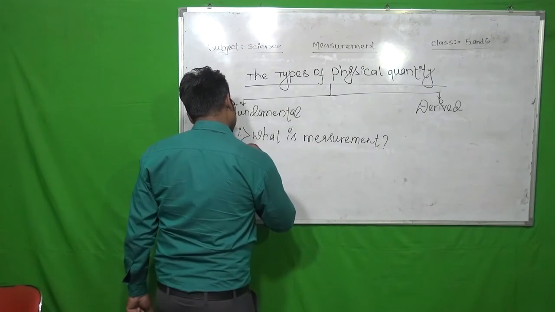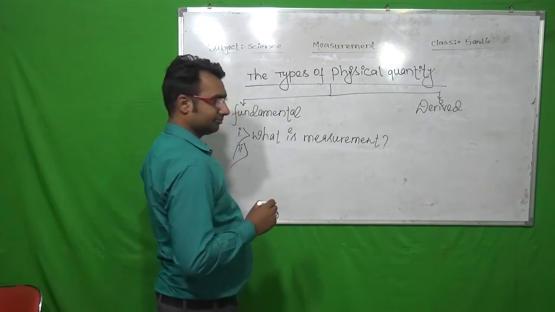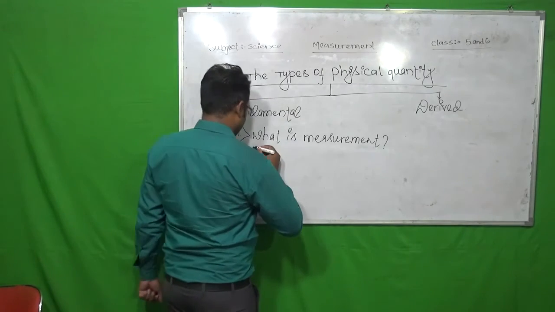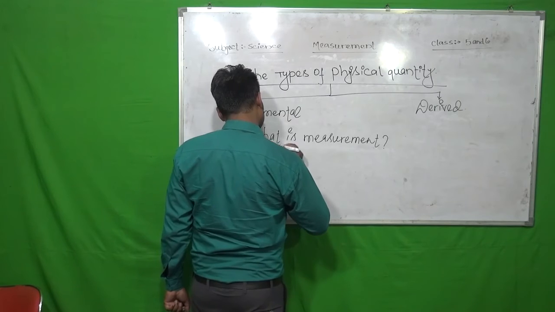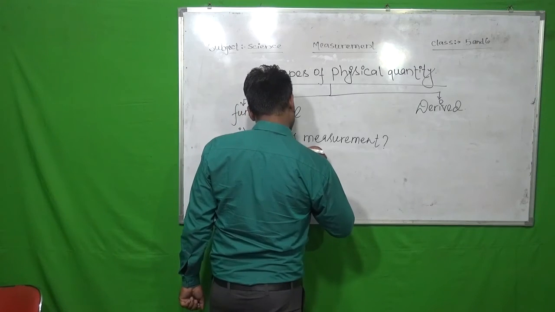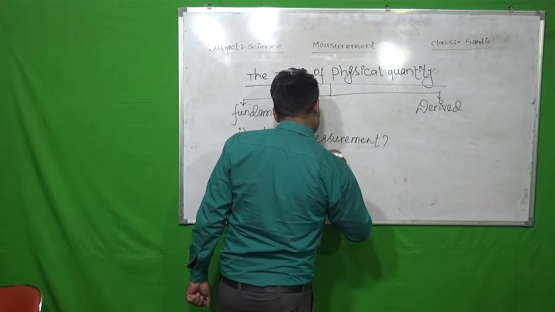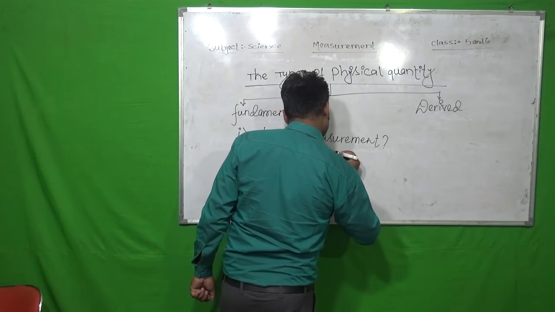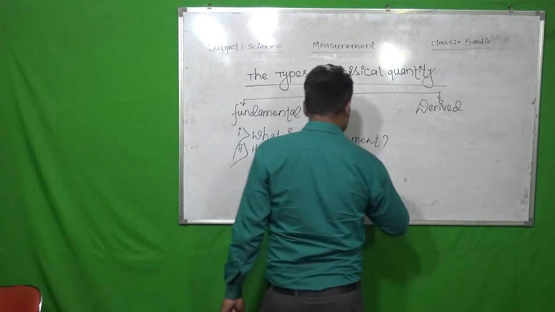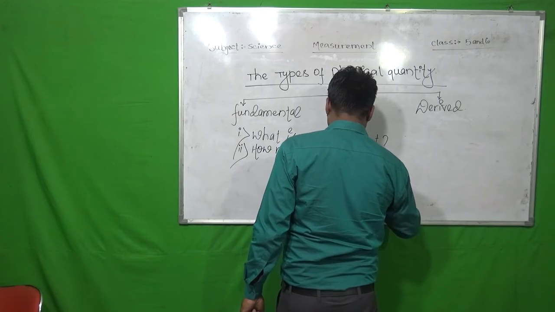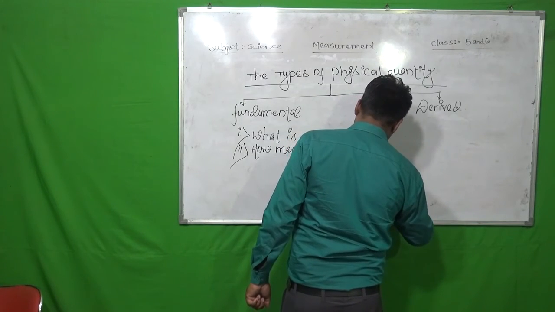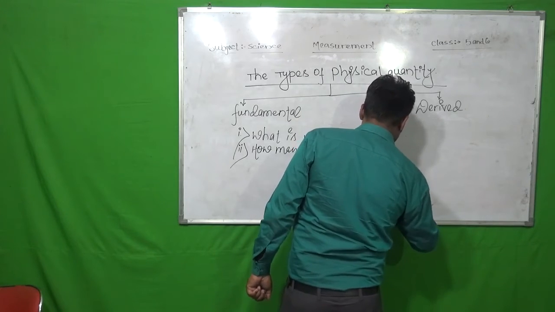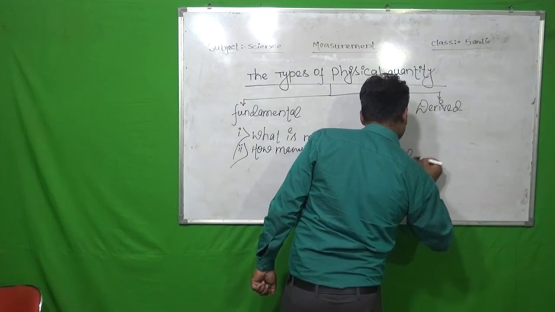The second question is, how many types of quantity are there and what are they?